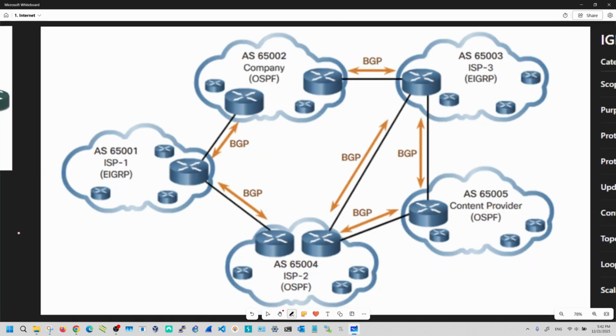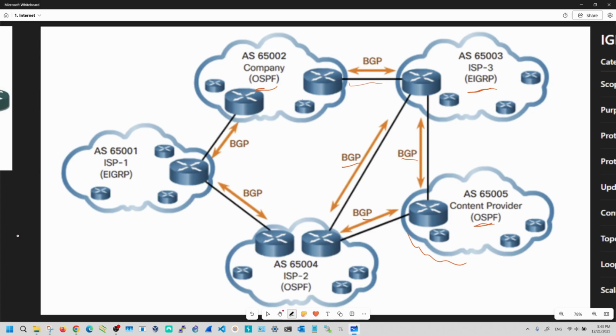And I already mentioned a few times that BGP is normally used between autonomous systems and that other routing protocols are used within autonomous systems. And here we can see multiple autonomous systems with BGP neighborships between them. The interesting thing is that within autonomous systems, we use routing protocols like EIGRP or OSPF.